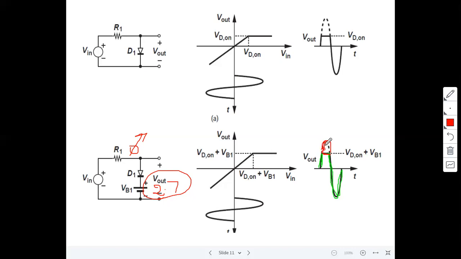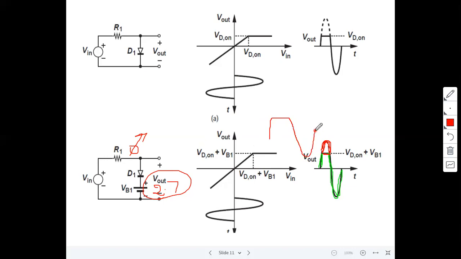Why? Because diode D1 is on when the input signal is greater than 2.7. When the diode is on, the output is limited, right? This is the signal. The output follows the input, the diode is on and limits, then again the output follows the input.